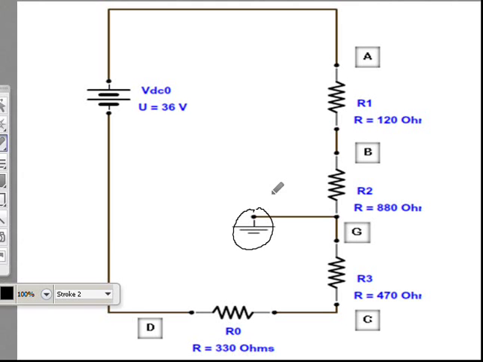So if I tell you measure from B to D, that reference point doesn't come into play at all. But if I tell you A to G, well, G is where your ground probe has to end up. If I say D to G, G is still where your ground probe has to end up from your meter.